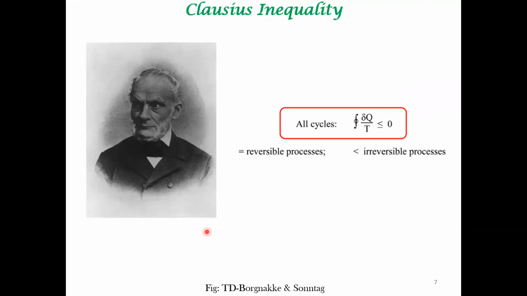So Clausius proved that for all processes, this cyclical integral of this quantity, which we saw in the previous lecture, has something to do with entropy. The cyclical quantity can be 0 for a reversible process, but less than 0 for an irreversible process. That's the way Clausius argued to come up with the inequality.